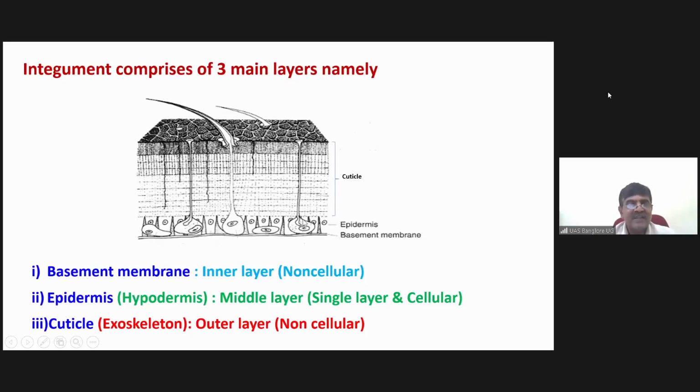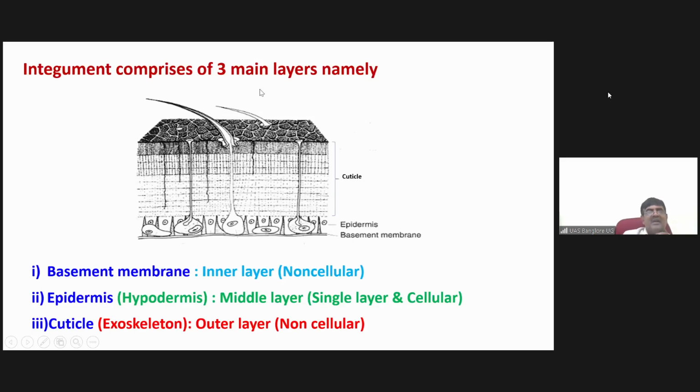Above this, you will find a single cellular layer which is called the epidermis, or sometimes the hypodermis. And above this, you will find one more layer which is called the cuticle.